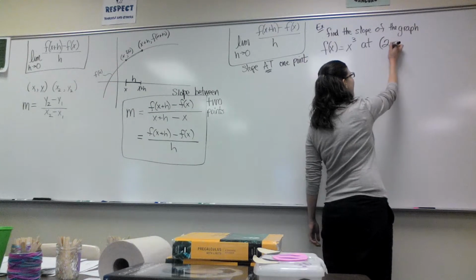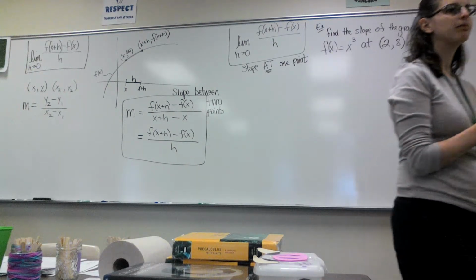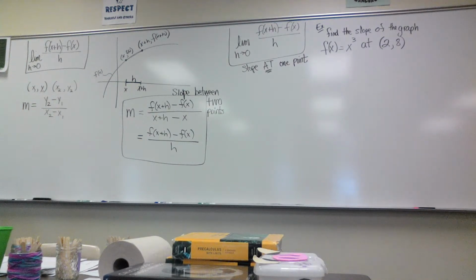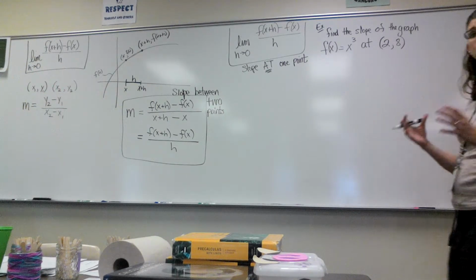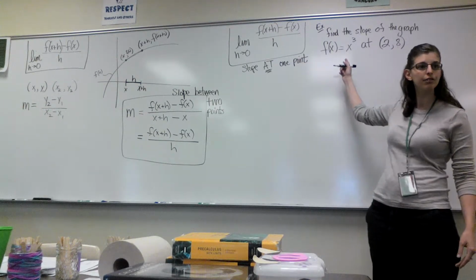Let's say I want to be at the point 2, 8. So let's use our derivative. Let's use our formula for the slope at a point. What I need to know is what is the slope at any point on this curve.